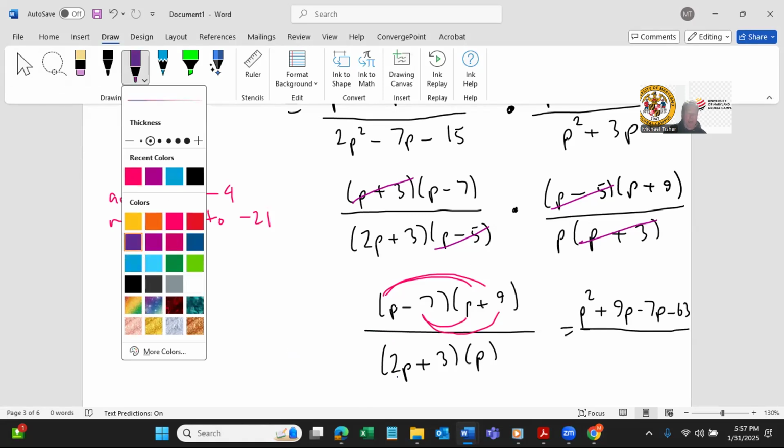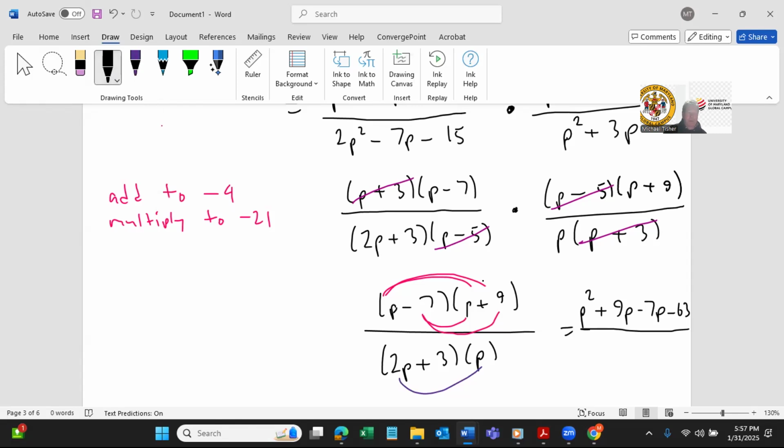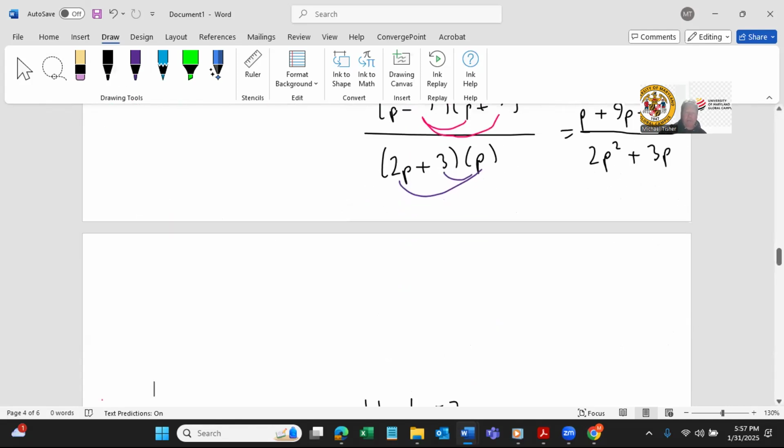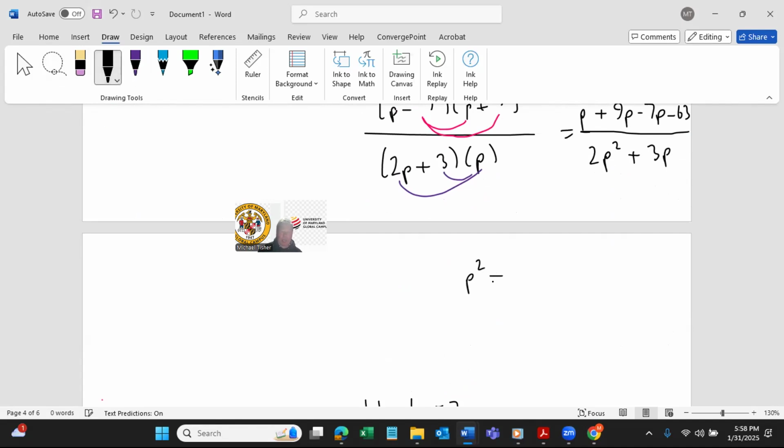All right, that's going to be 2p times p, which is 2p squared, plus 3 times p, which is 3p. All right, so that's going to be p squared plus, let's see, 9p minus 7p is 2p, minus 63, all over 2p squared plus 3p.